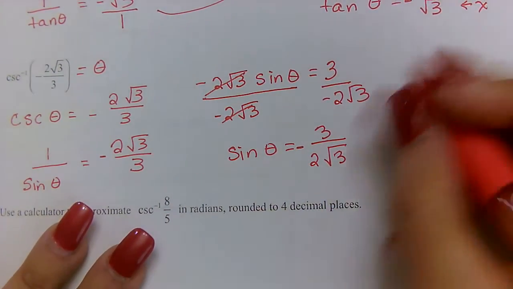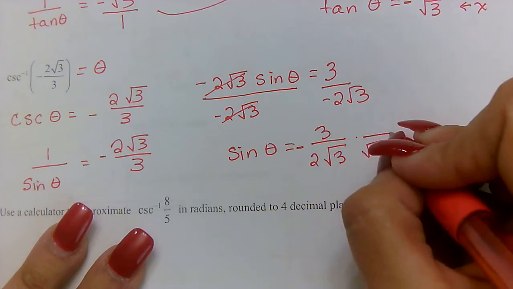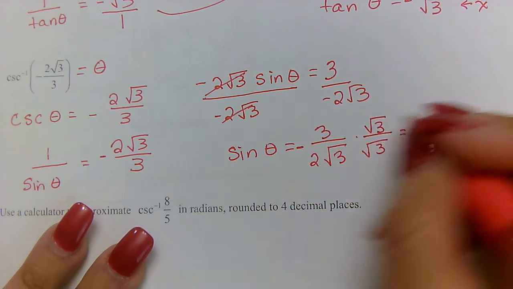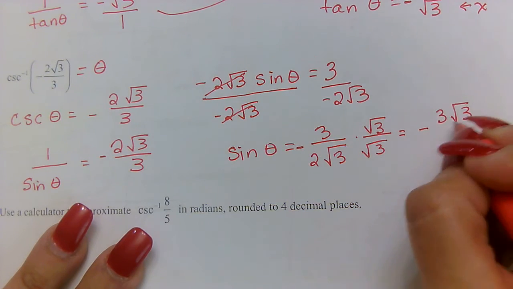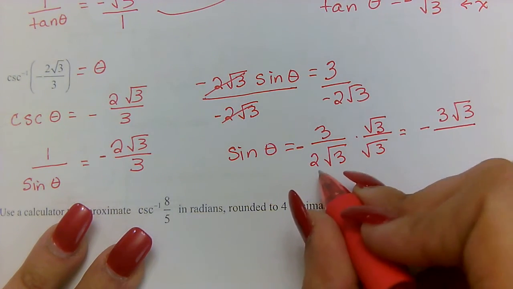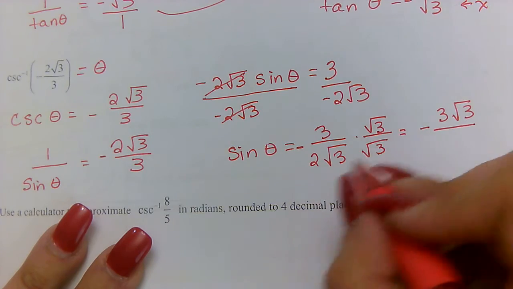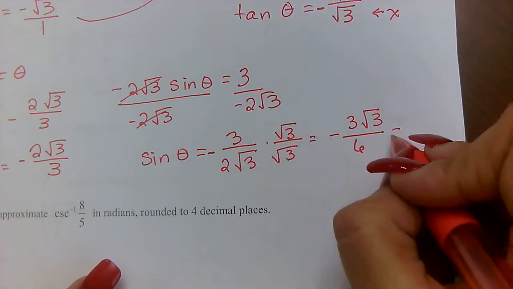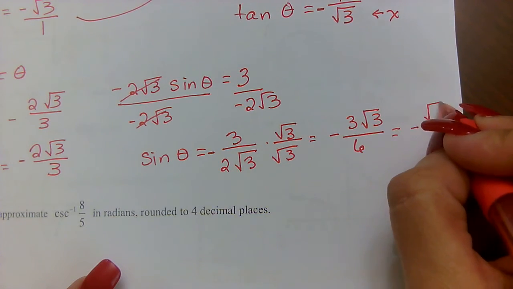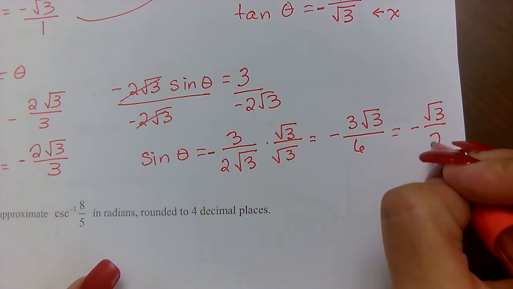Okay, rationalize your denominator. I know this is a lot of work, but we're almost done. This is going to be negative 3 square root of 3 divided by 2 times 3 is 6. Okay, and then simplify. Negative square root of 3 over 2.